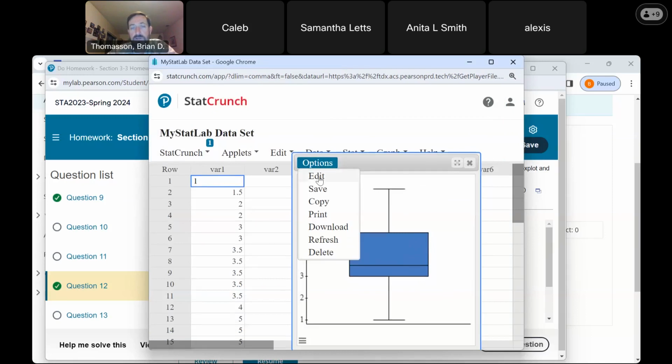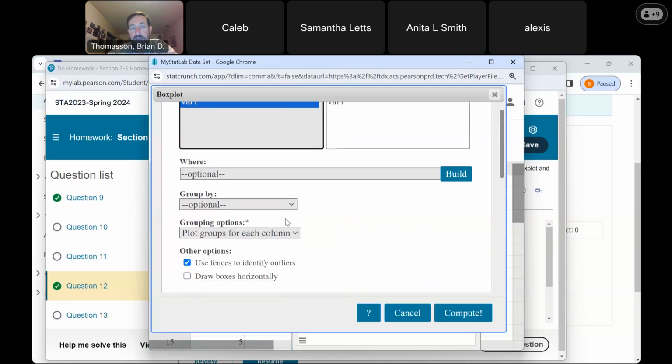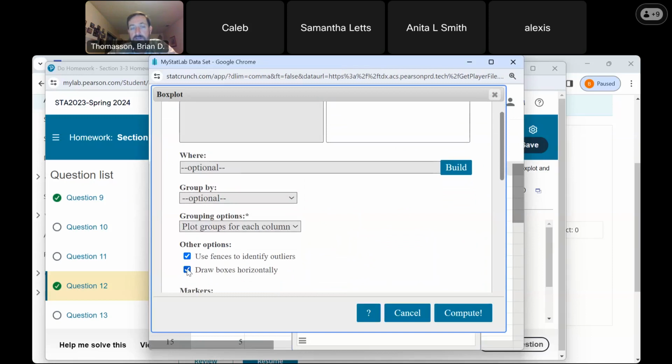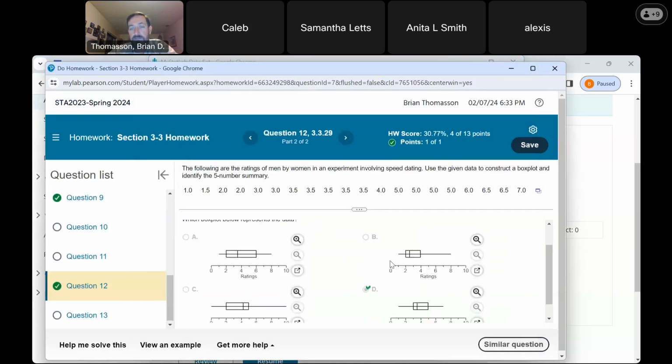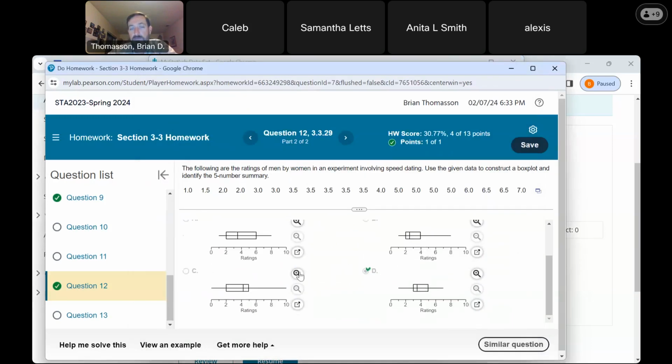So one of the options is to click draw the box horizontally. It's pretty standard to do it either way, but the book and MyStatLab use horizontal, so we can flip it that way. And once we have that, we can choose which one of our 4 box plots matches up.